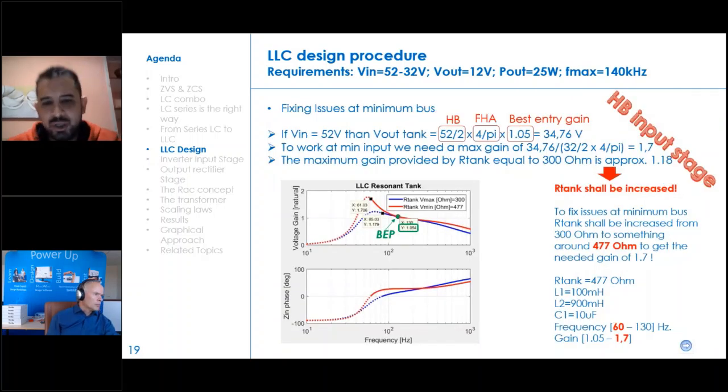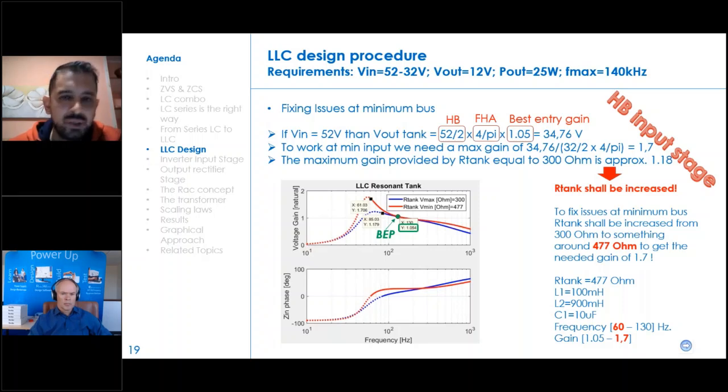Let's make some calculations now, starting to include the bus swing in our random tank. If bus voltage is 52 volt, it means that the voltage on the tank output, so on the tank resistor, is 52 over 2. Why over 2? Because I'm using a half bridge stage.